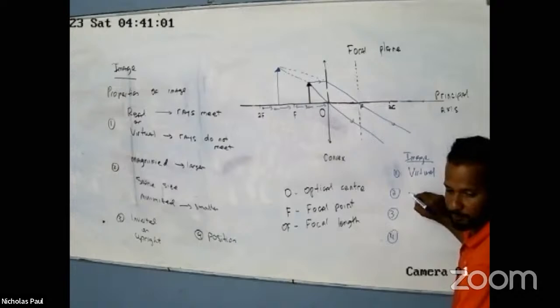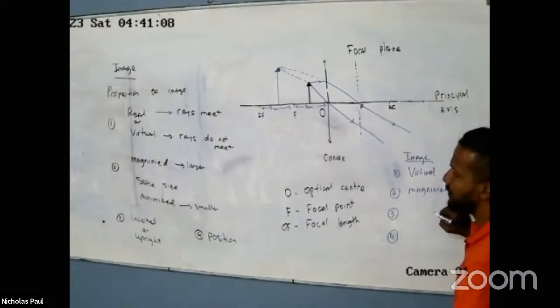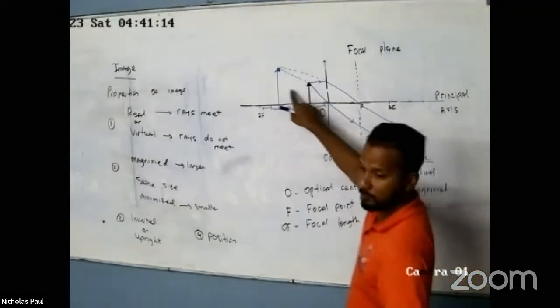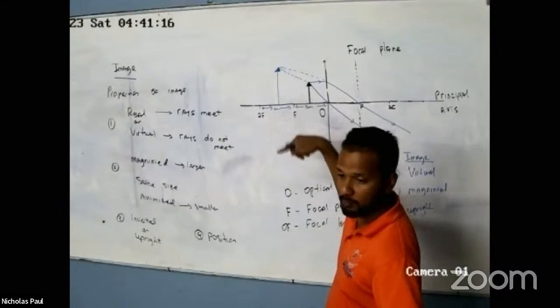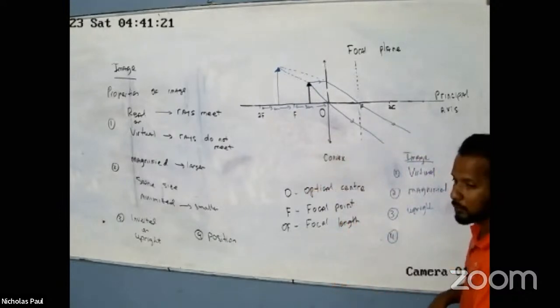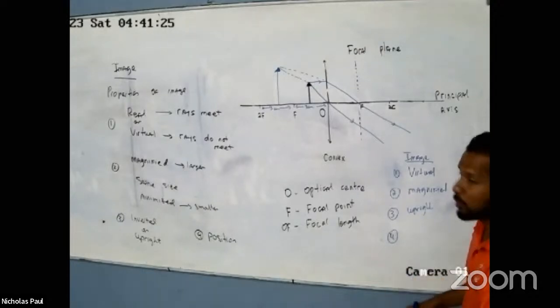Magnified. Inverted or upright? Upright, good job. Arrowhead on top, so upright. Basically you're watching the object to figure out the image and where it is.